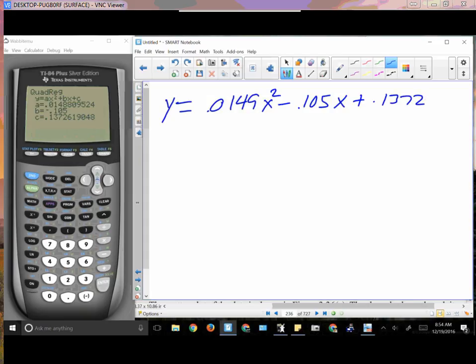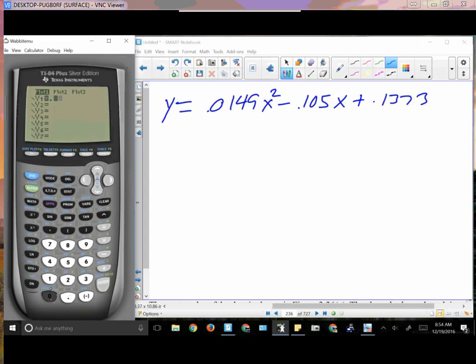Yep, actually that should go to 0.1373. So y equals 0.0149x squared minus 0.105x plus 0.1373. Okay.